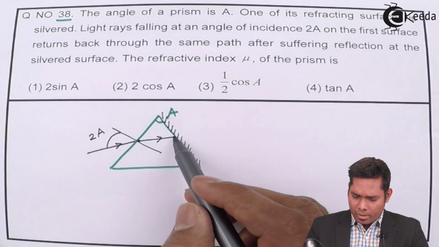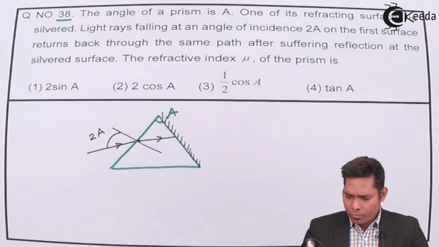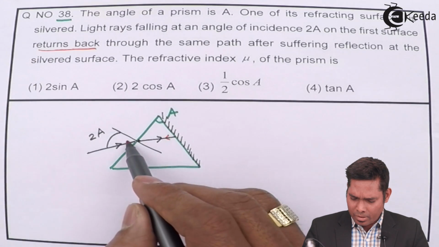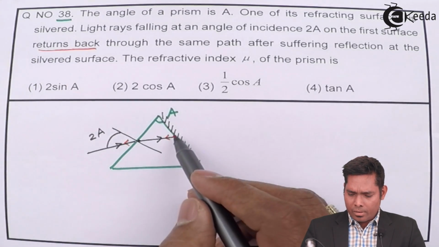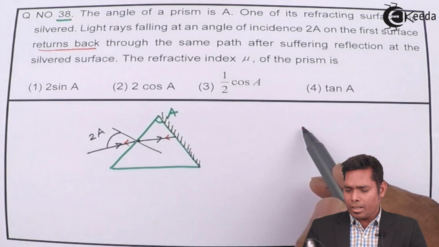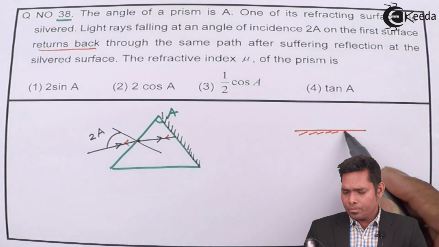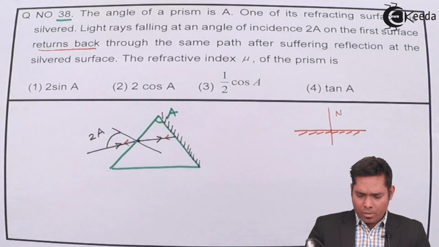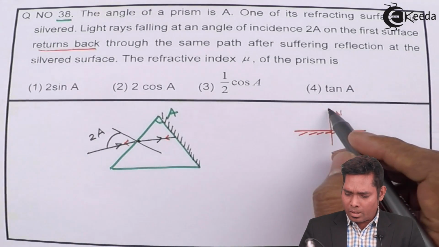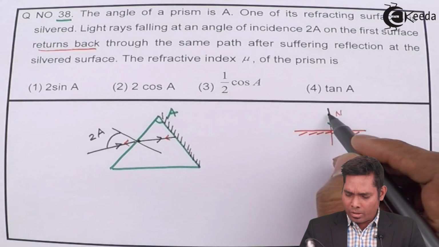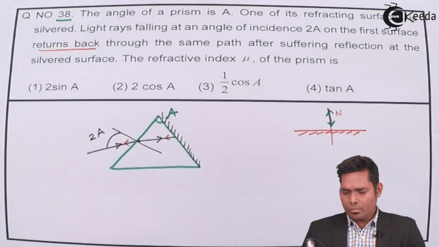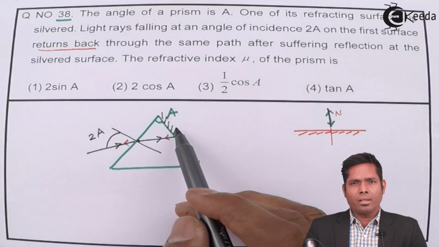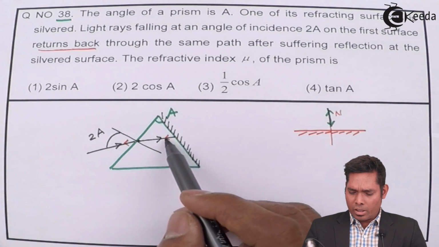If the light ray has to return back in the same direction, then this should be normal incidence, because we know that if this is a mirror and this is a normal, any ray which falls on this mirror in this direction will then turn back. So to retrace the path, the ray has to strike or move along the normal. So this has to be the normal.